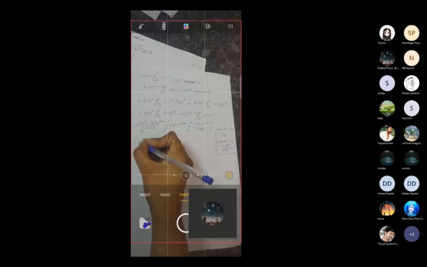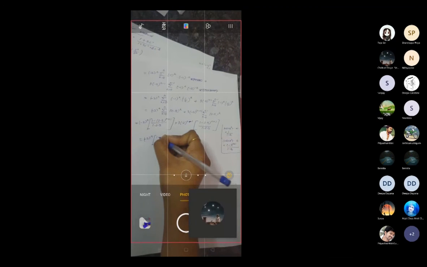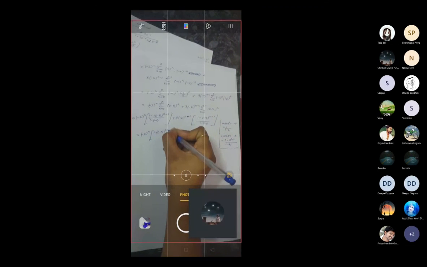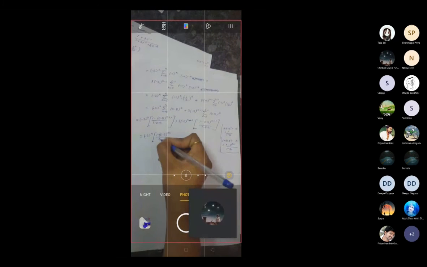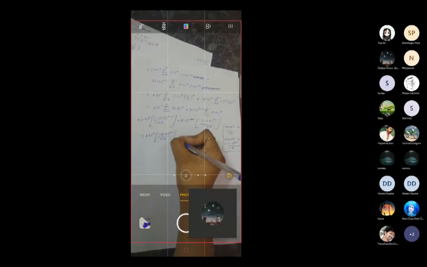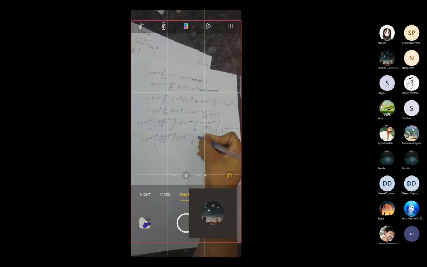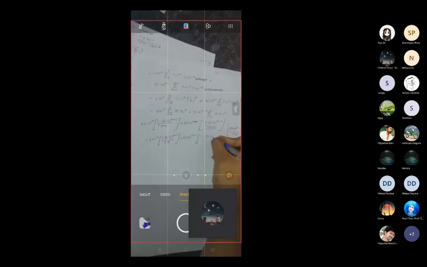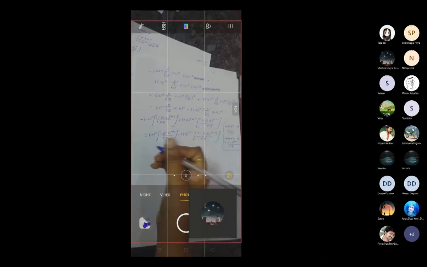Then simplify this one. (-2)^n into (1 minus 0.5^(n+1)) divided by 1 minus 0.5, you will get 0.5, plus 3 into (-2)^(n-1) into (1 minus 0.5^(n+1)) divided by 0.5. So 1 divided by 0.5 you can write 2.